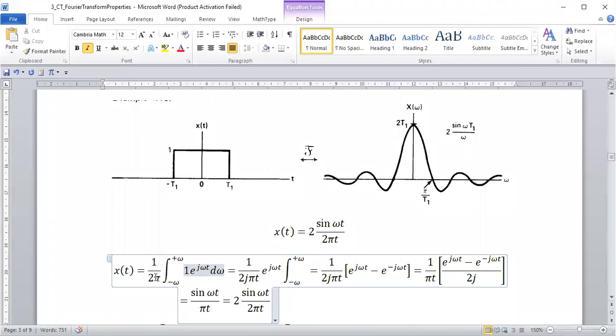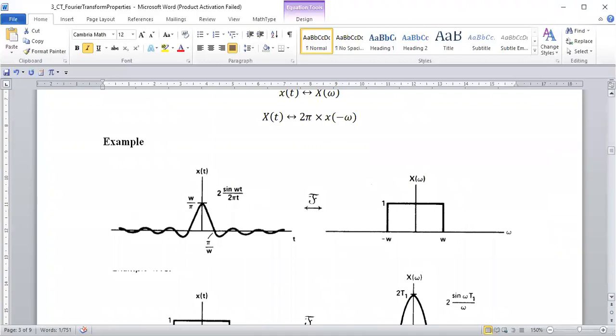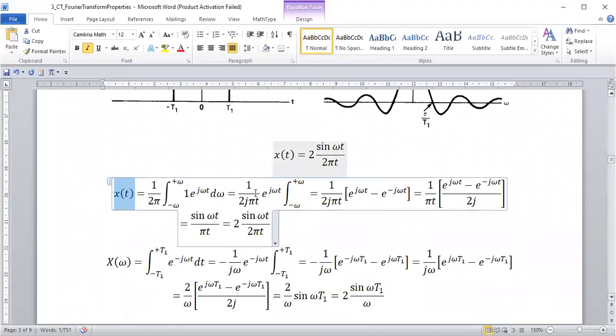Then when we try to get the original signal, we're going to integrate with respect to omega. Integrating with respect to omega, we'll get this. Then applying the limits, we get this.